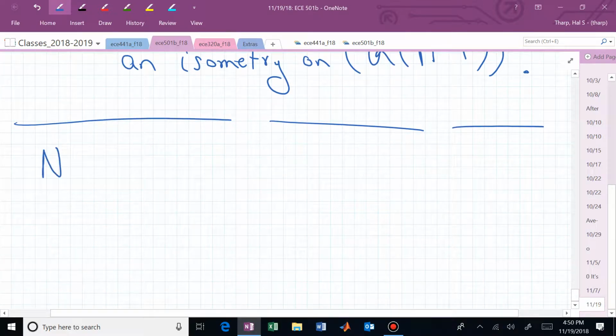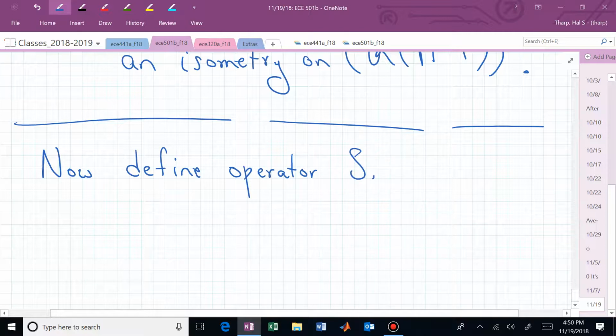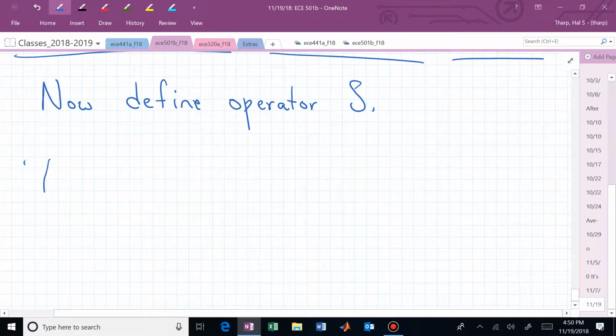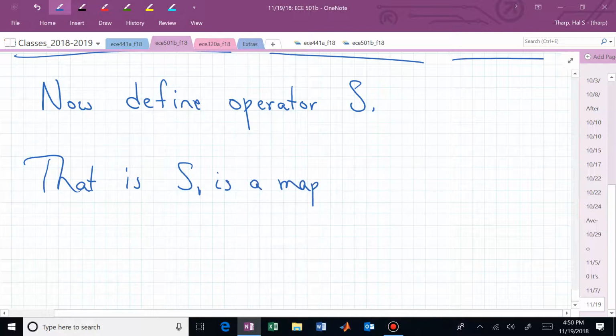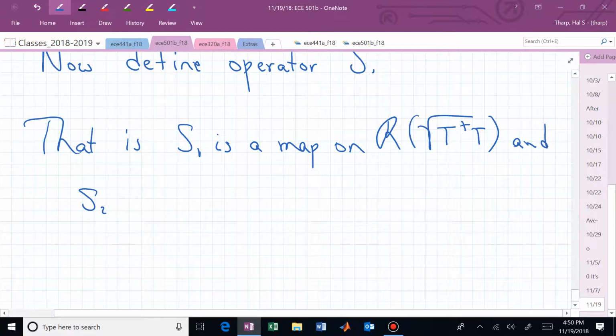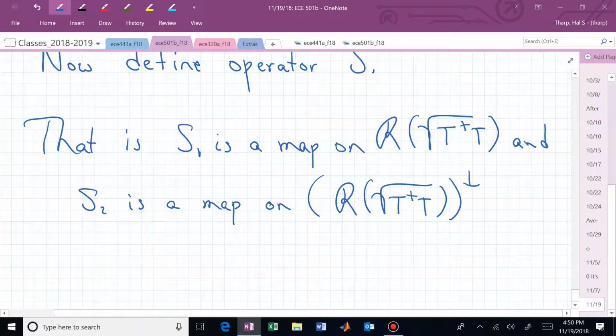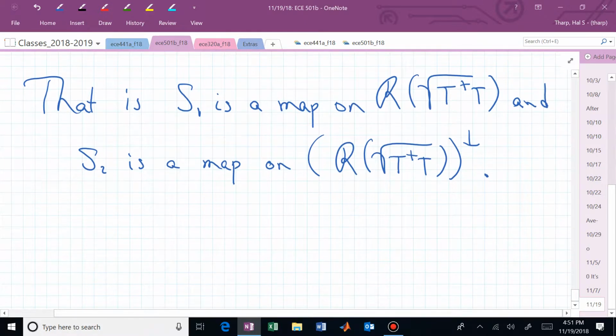So now let's define our full-blown operator S. S1 is a map on the range of the positive square root of T dagger T, and S sub 2 is a map on the orthogonal complement of the range of this positive square root of T dagger T. And those spaces are orthogonal to each other, aren't they?